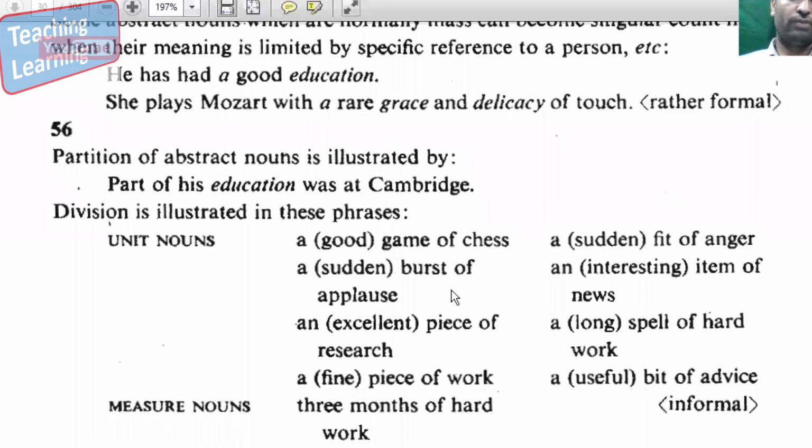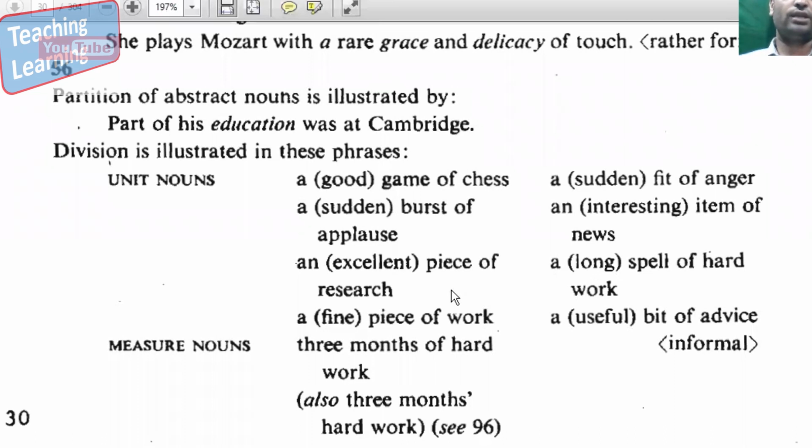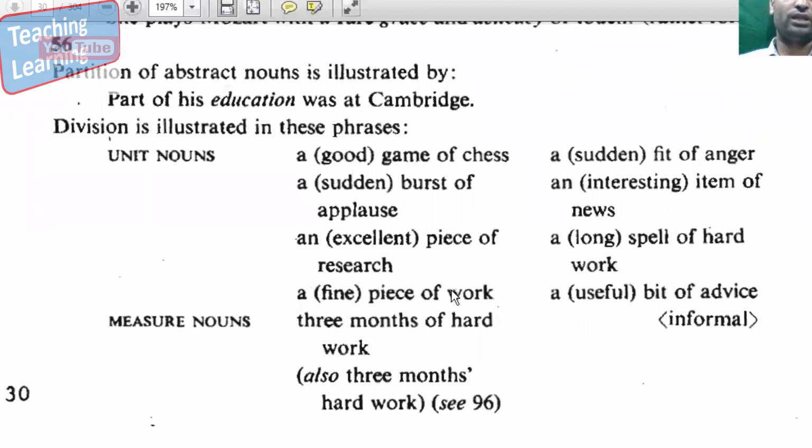Look at: a good game of chess, a sudden fit of anger, a sudden burst of applause, an item of news. That way also we can make a unit noun. A mass noun can be categorized into units. These are very interesting.